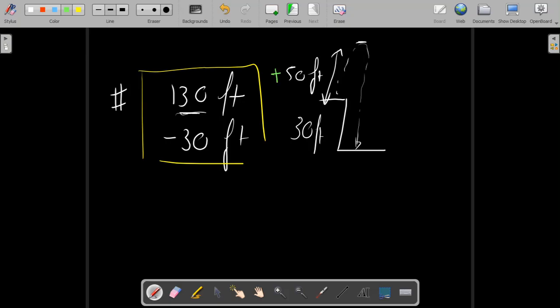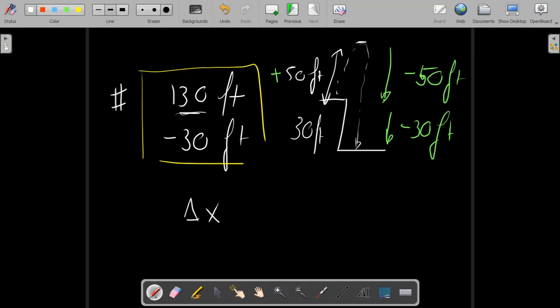Going up is positive, then it went down, the 50. Going down has to be negative, and then the extra 30 is also a negative number, okay, because it's going down. Now you need to put all of these together, okay? So your displacement is positive 50, negative 50, another negative 30. Those 2 are gone because they cancel each other, and you're left with those 30 feet that you needed for your answer. Okay, hopefully this makes sense.